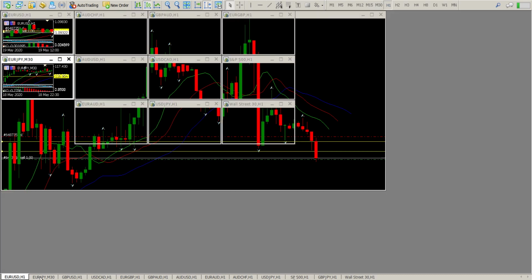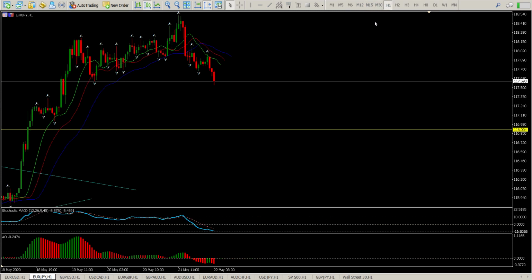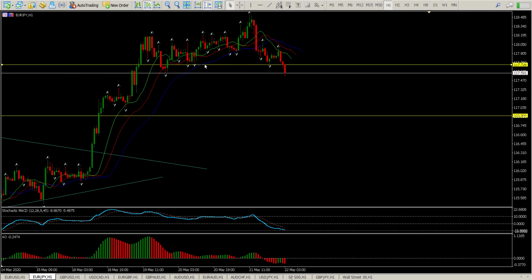Okay. Next one is the Euro JPY. Euro yen. Same setup here. So by the looks of things, the half hour is the setup for us to be moving today. But anyway, we have exactly the same setup over here. So you can see there is our fractal break.